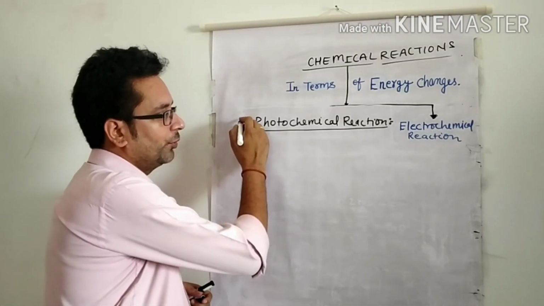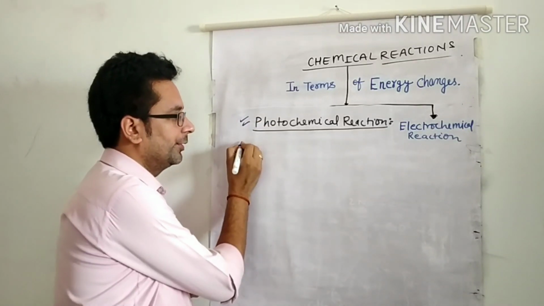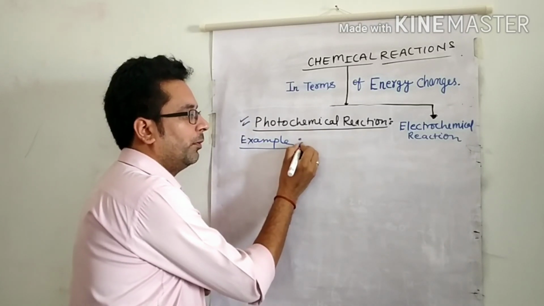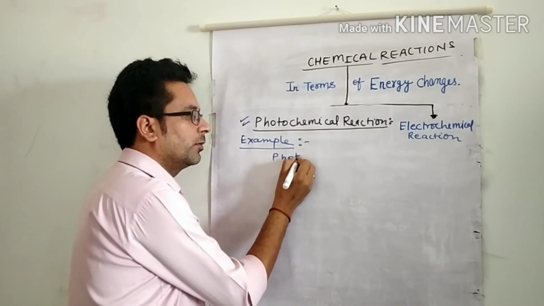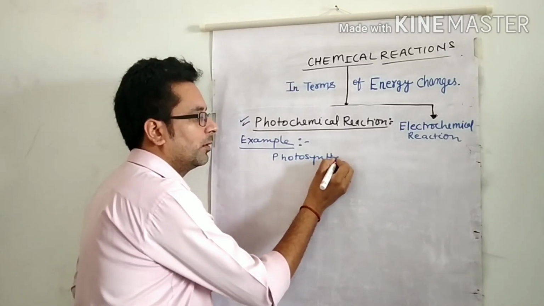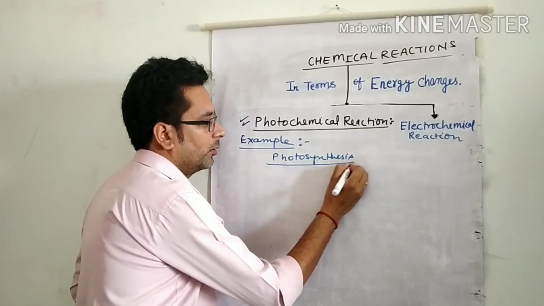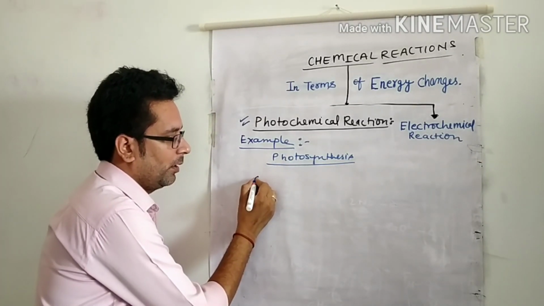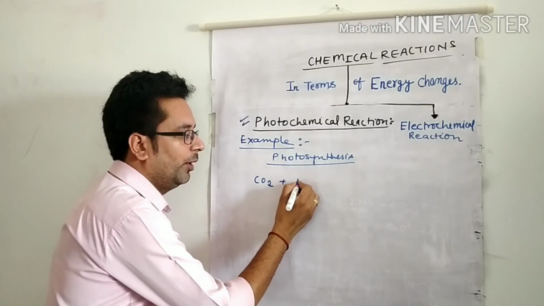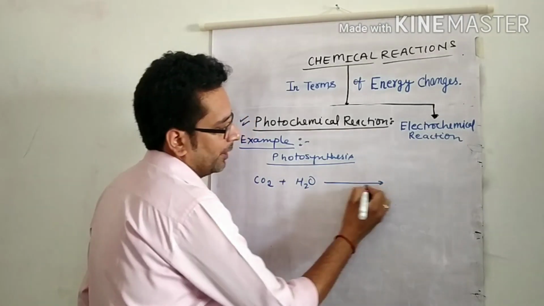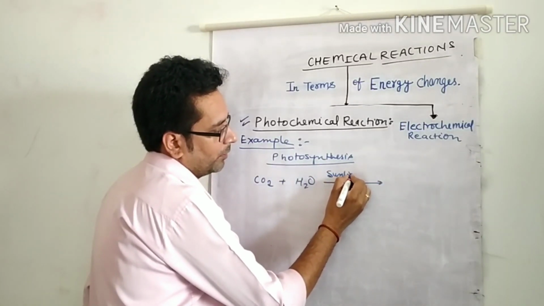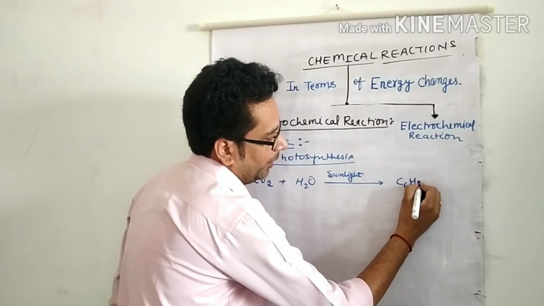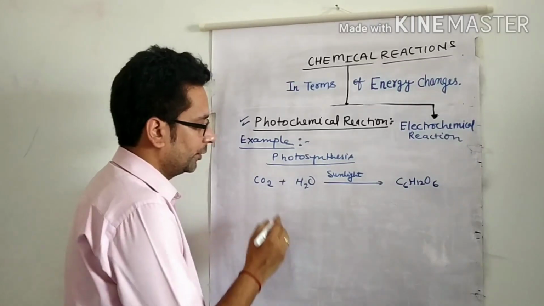The best example of a photochemical reaction is photosynthesis. In photosynthesis, carbon dioxide reacts with water in the presence of sunlight to form C6H12O6, that is glucose.